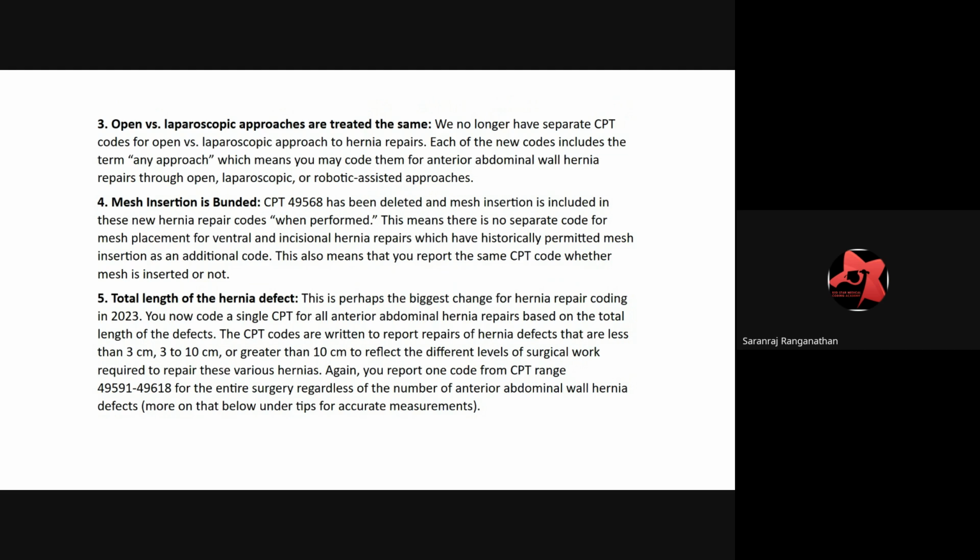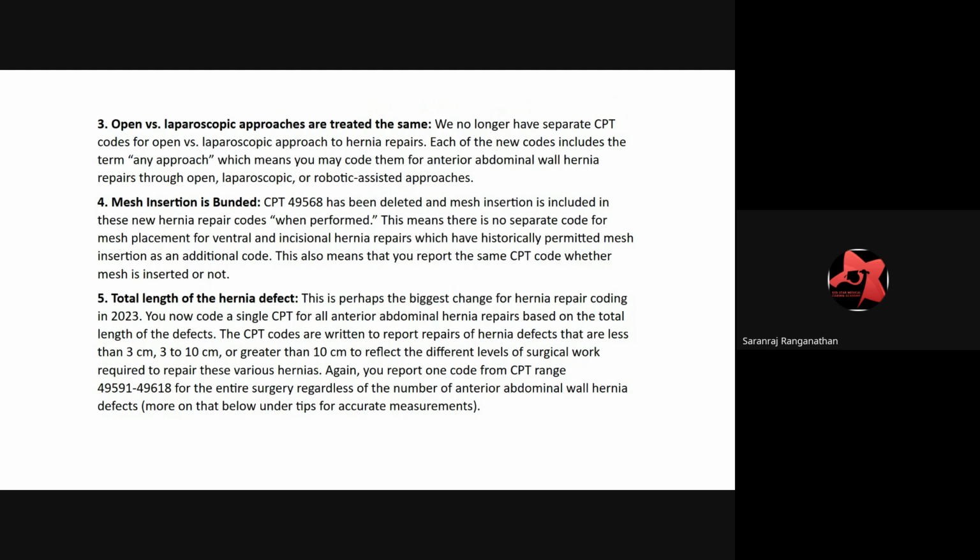Okay. Then mesh insertion bundle. Mesh insertion means how they are treating the hernia. That muscle has a tear, so the colon came out. So how will they treat? It may be open or laparoscopic or robotic.